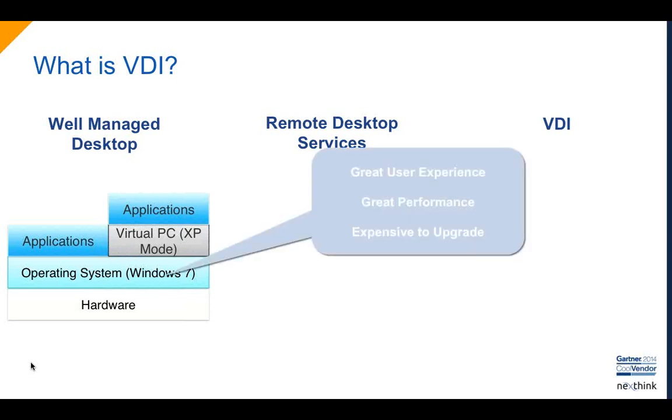Second, what are the benefits here? We have a great user experience because we have dedicated hardware for that user, dedicated operating system for that user. So we have a great end user experience, great performance, but it is expensive to upgrade. And of course, we all know that the hardware living time is around 3 years. So after the 3 years, we need to renew the desktop, do upgrade or replace those machines.